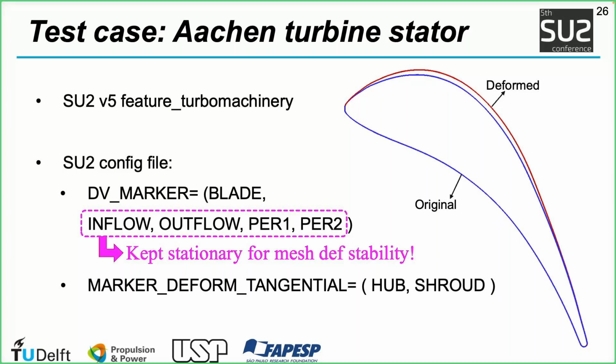Sure. Yeah, I was wondering because I am not aware of this marker, the deform tangential option. So I'm wondering whether you ever tried the mesh transformation with the release, version 5, and how that translates to that. And I would be definitely interested to get in touch with you afterwards because I made all the stuff in mesh transformation.